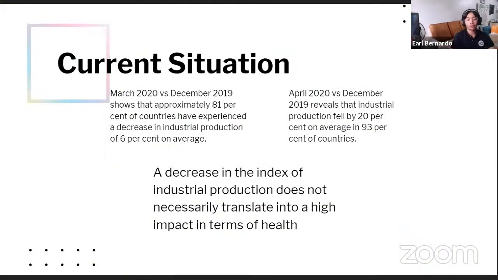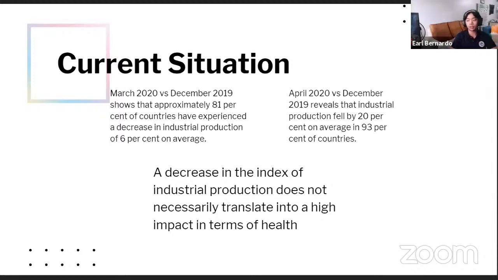And then for the current situation, March 2020 versus the December 2019 shows approximately 81% of countries have experienced a decrease in industrial production of 6% on average. Bali yung industrial production nila, yung average loss nila is 6%.